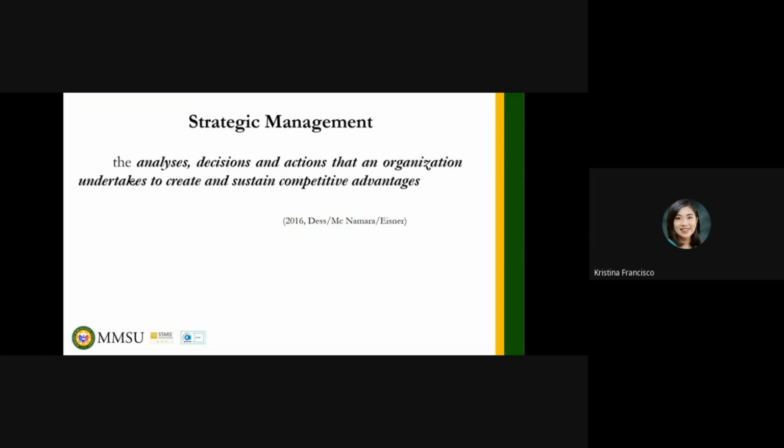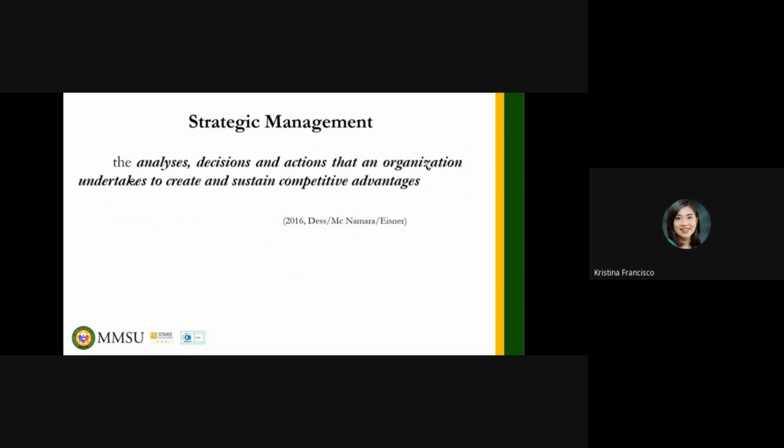While we are able to define what management is and what strategic management is, can we now tell the difference between the two? Let us differentiate them. Strategic management differs from management in that management focuses on the day-to-day running of the organization and its operations, while strategic management focuses on the overall direction and long-term success of the organization.